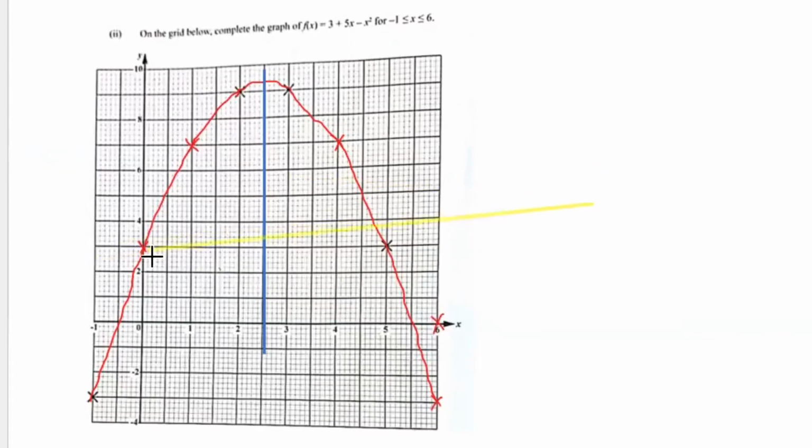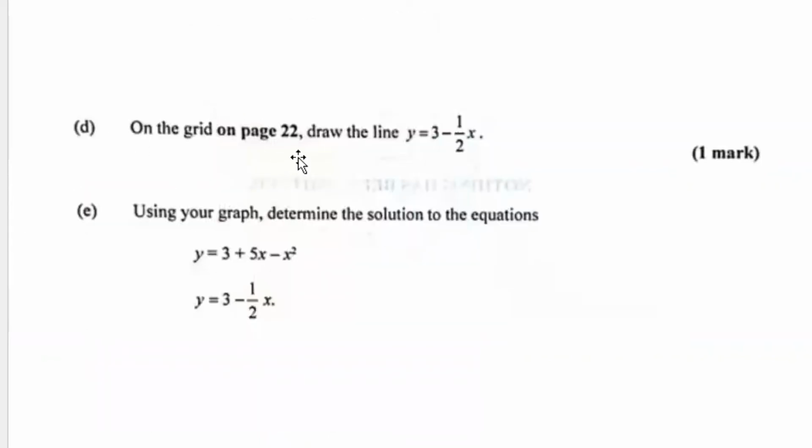You'll just use your ruler to connect, so your straight line should be passing through these 2 points that you plotted. So your line will look something like this. I'm really proud of this graph. So that is what we did for D.